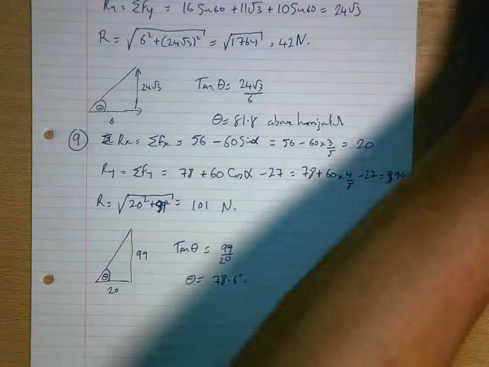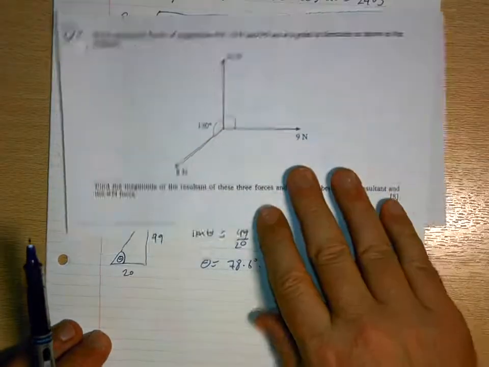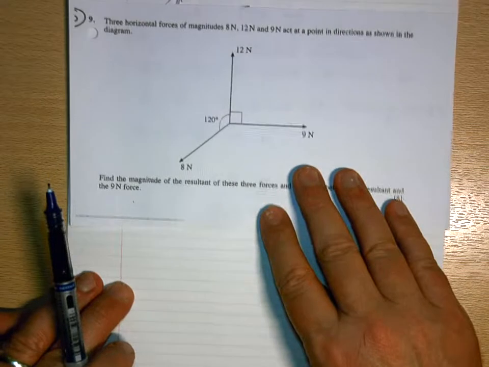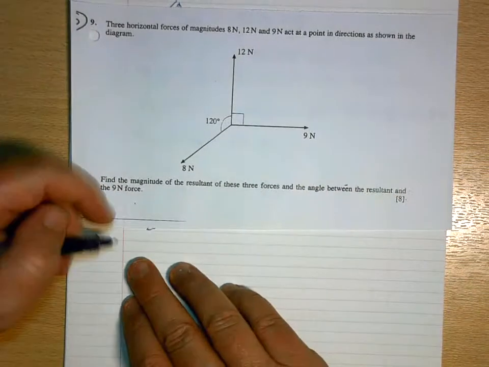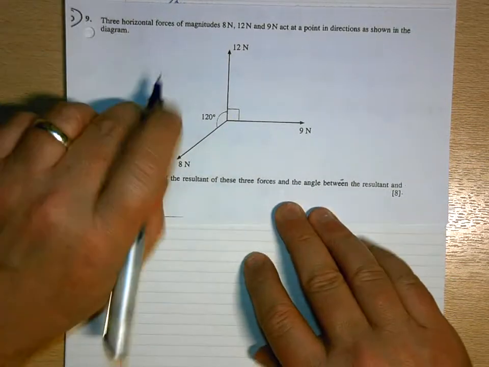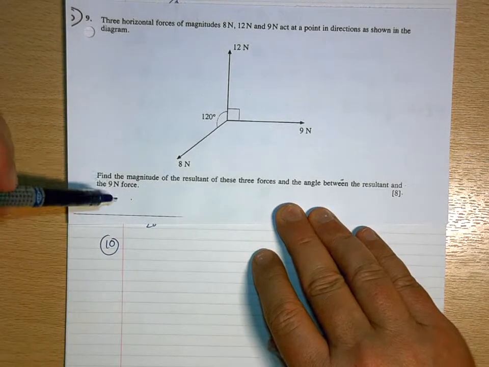And finally, question 10, see if I can fit it down here. So 3 horizontal forces, 8, 12 and 9 act in those directions. Find the magnitude and direction of the resultant of these forces.